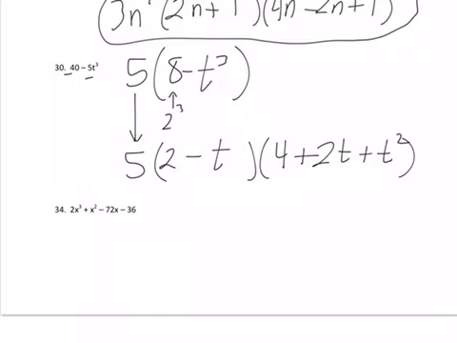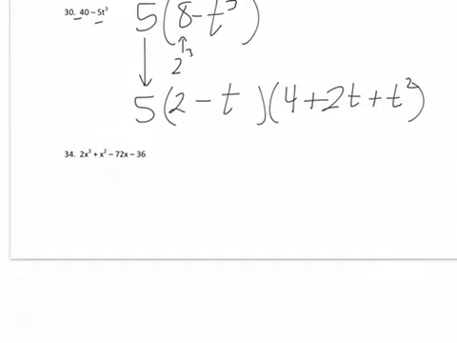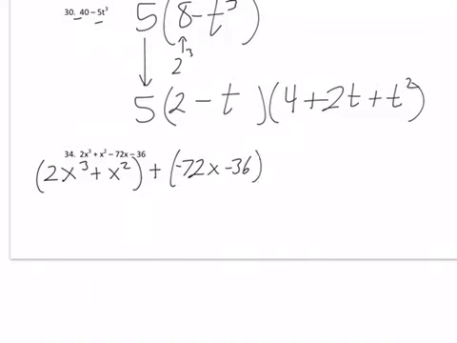And we're done. Okay, last one, last even one here is 34. We're back to a 4-termed polynomial, so we're going to go back to the factoring by grouping idea. 2x cubed plus x squared is our first group. We have that minus sign in front of the 72, so plus negative 72x minus 36.